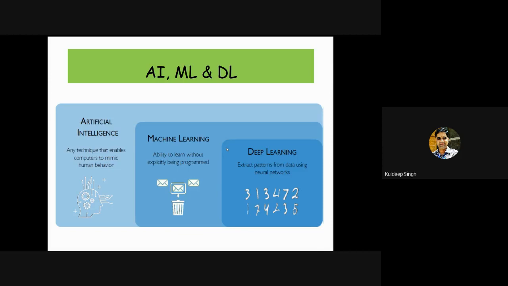Now comes deep learning. Deep learning is a specialized branch of machine learning which deals with neural networks, and it is an advanced form of neural networks. In traditional machine learning, we have a limitation that we have to extract features, and those features are not generalized. We have to extract features based on the problem domain.